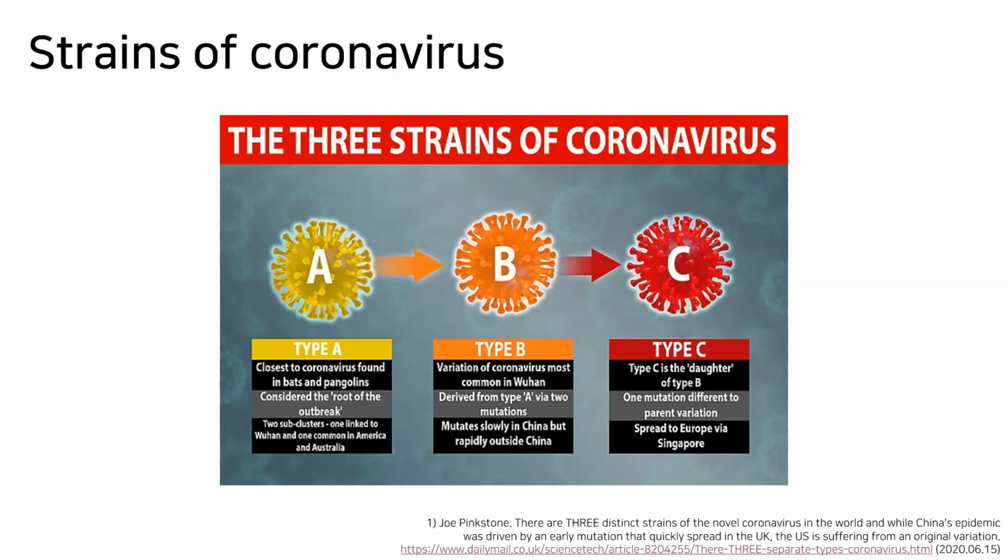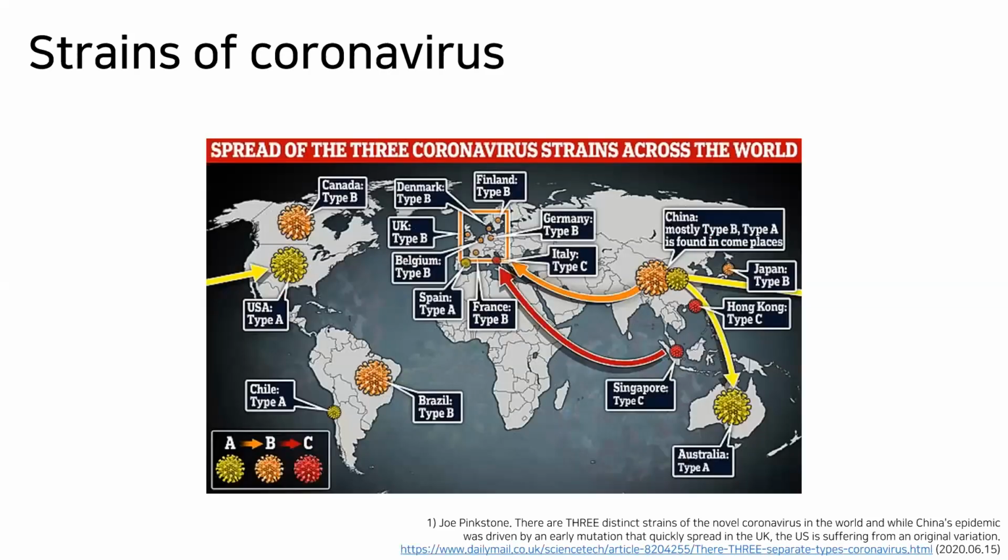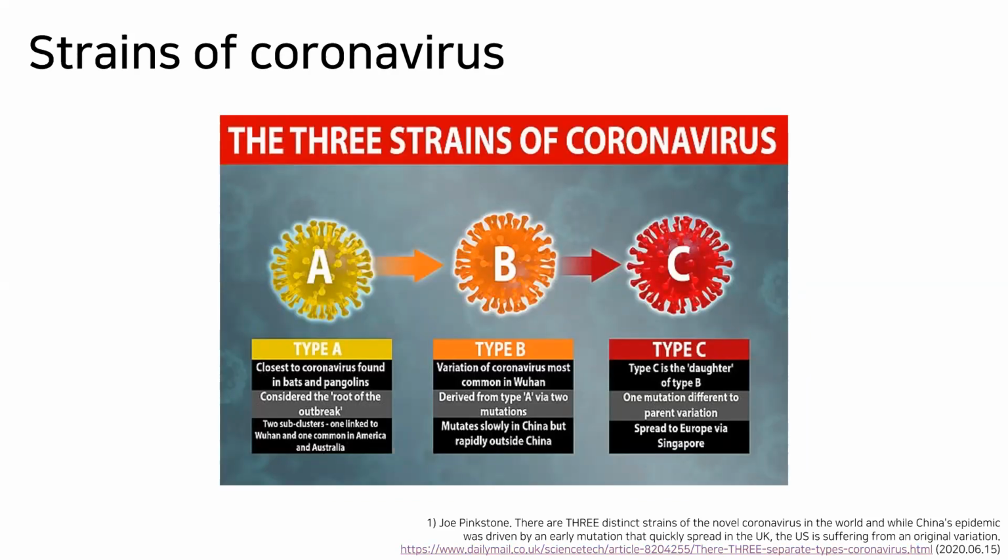You may see in this map there are mostly type B in China. So B is the form more related to humans, while A is not that deeply attached to our human body.